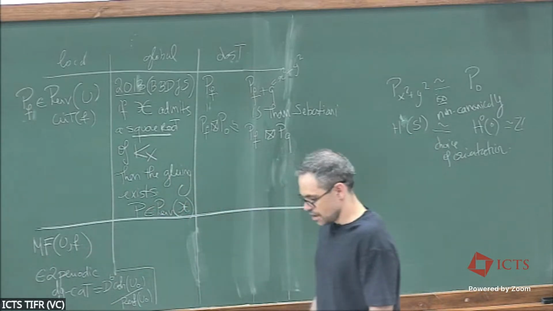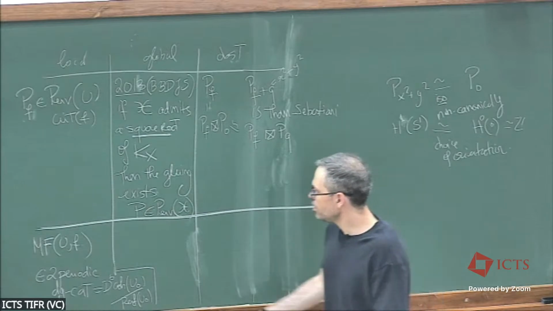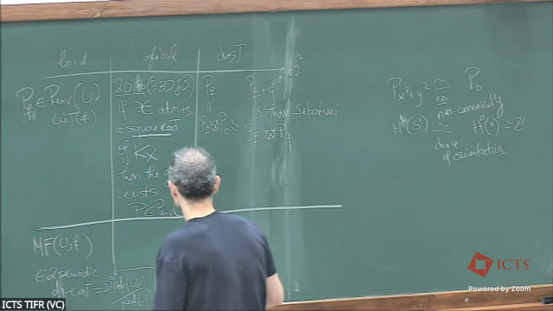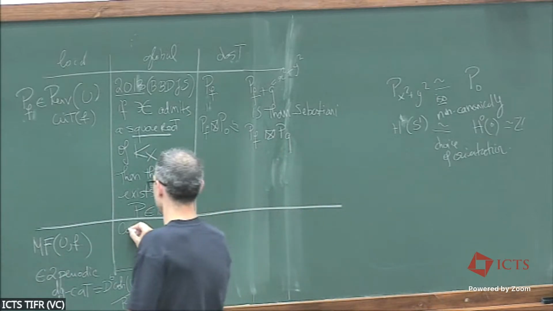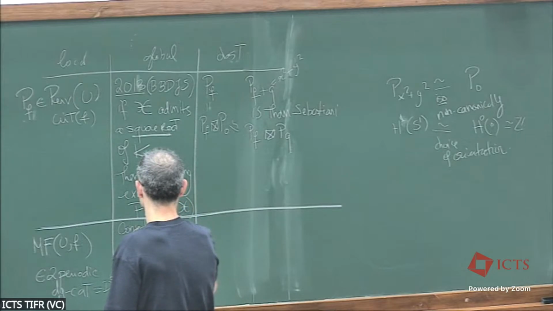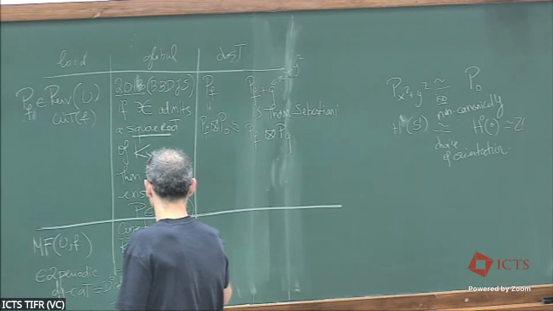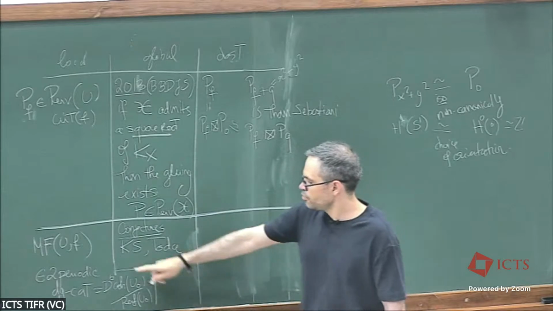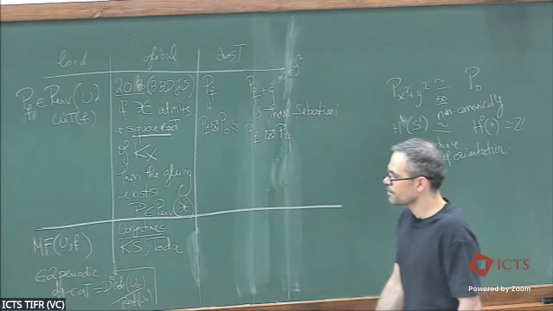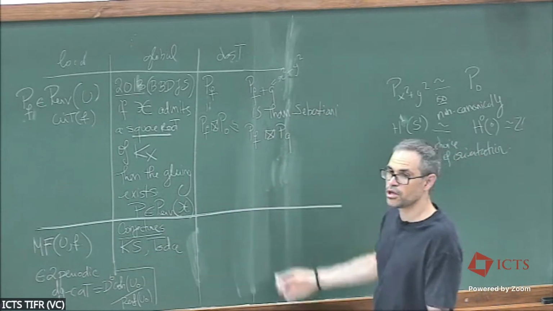So, you can try to do the same game here and glue them. So there were conjectures by Kontsevich and Soibelman, and also by Toda, that it would be possible to glue these things. But of course, there will also be obstructions.